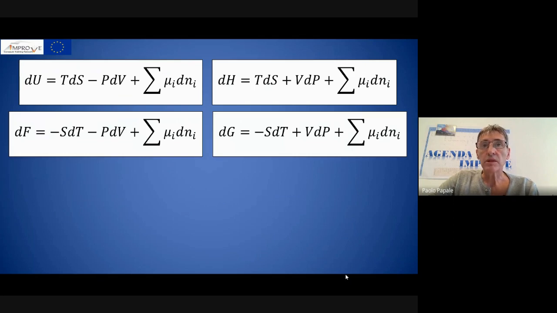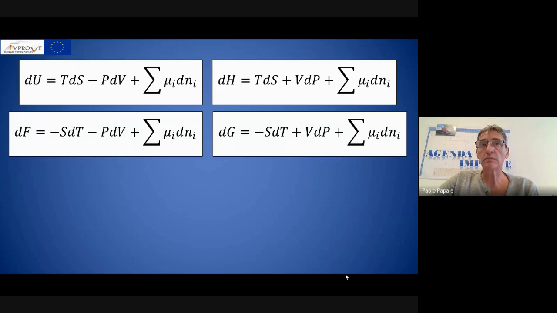Therefore, the observation above on the chemical potential of each component, that it represents the infinitesimal change of internal energy when small bits of that component are added or subtracted at constant entropy and volume, also holds for all other energy forms.